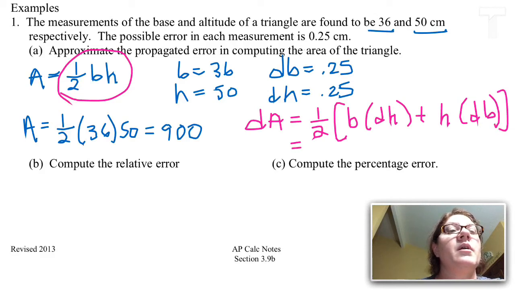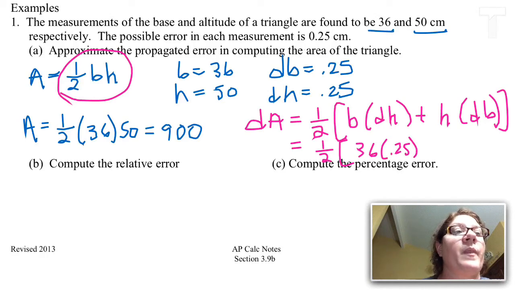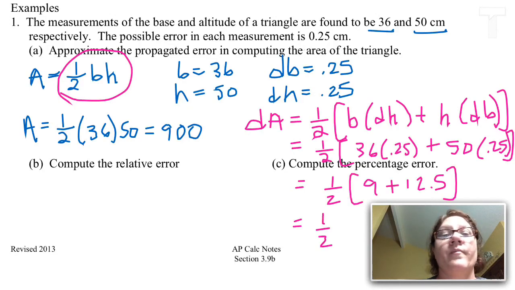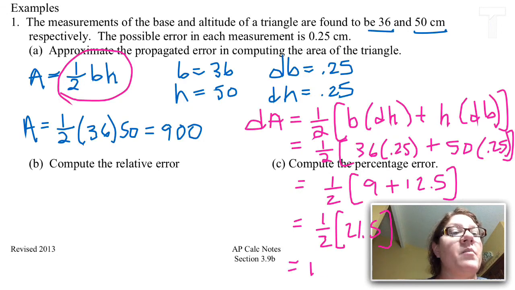And then I can just plug all of those values in. So I now have 36 times 0.25, which is my dh, and 50 times my 0.25, which is my db. And of course, all of that stuff inside is 21.5. And so half of that, I get 10.75.